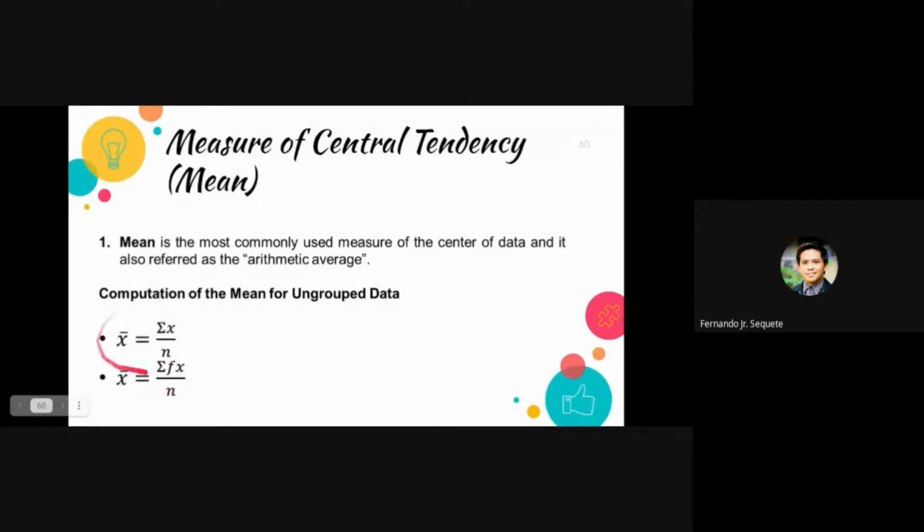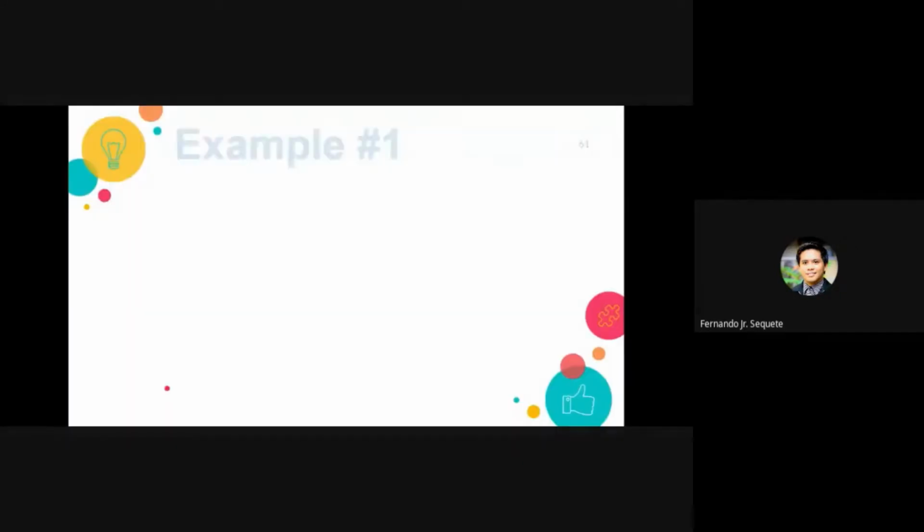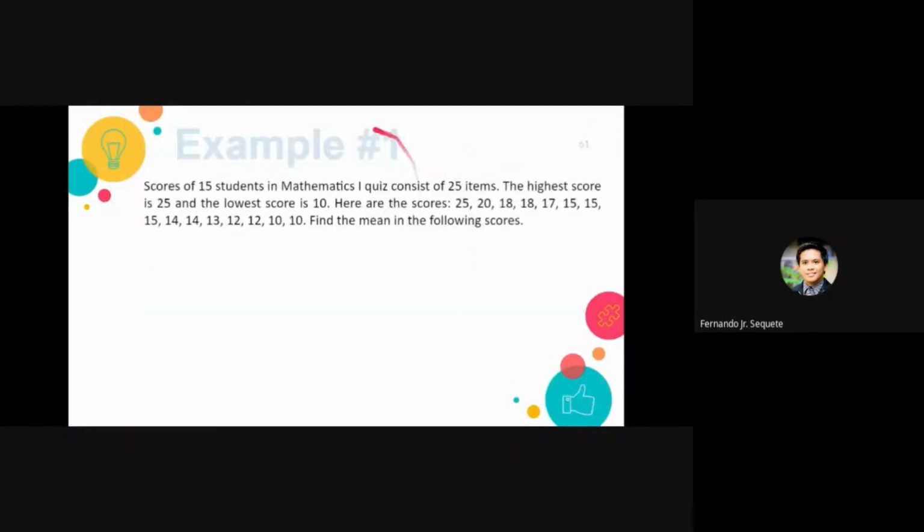Let's try to look at f here again. F is our frequency, no, and then the x will be given naman, and then n is the number of samples, no. Okay, let's try to look at an example. So scores of 15 students in Mathematics 1 quiz consist of 25 items.